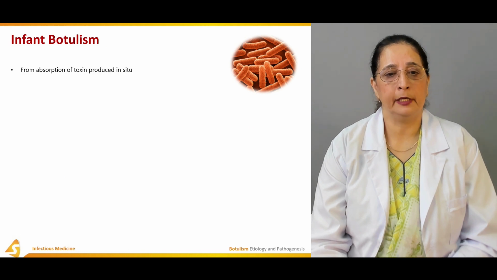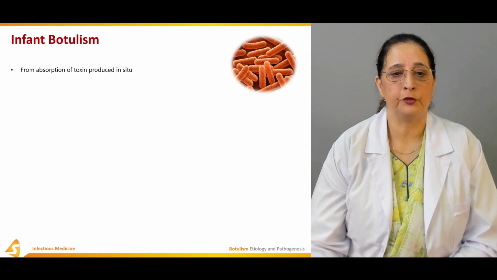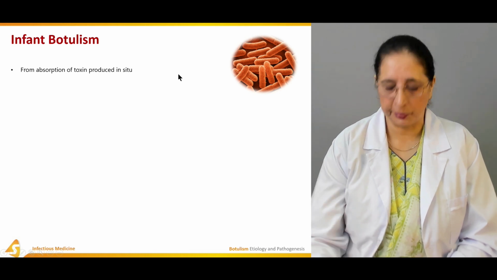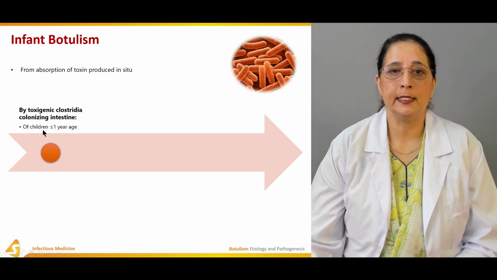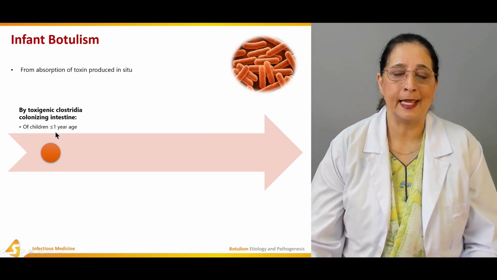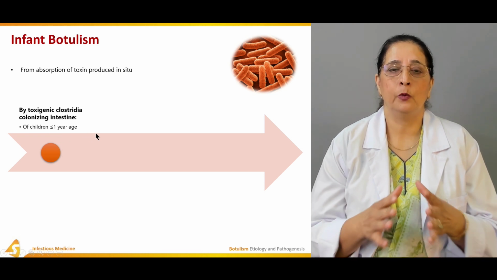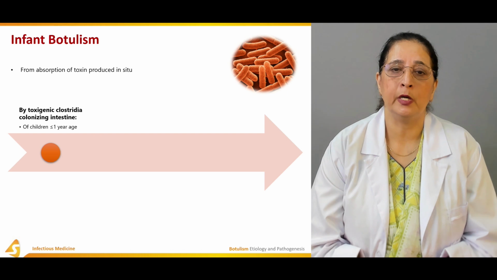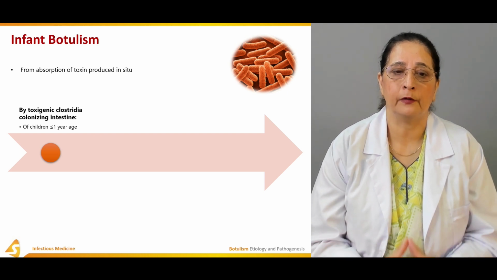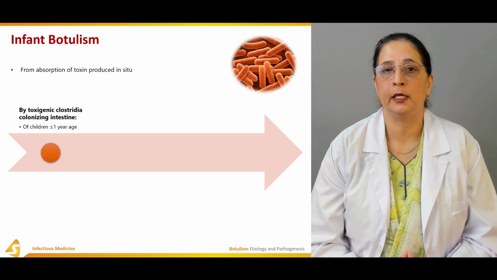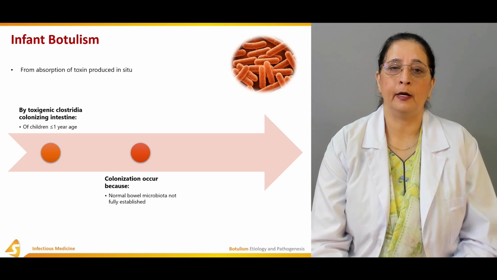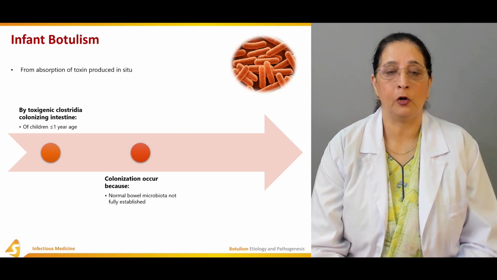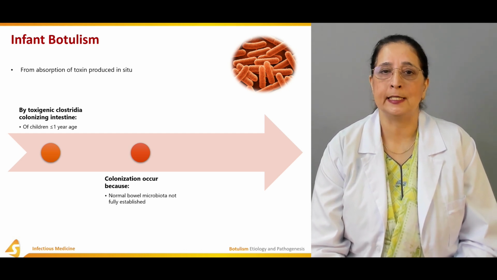Infant botulism: infants absorb the toxin produced in situ by toxigenic clostridia colonizing the intestine of children less than 1 year of age. Colonization of the intestine occurs because the normal bowel microbiota is not fully established.